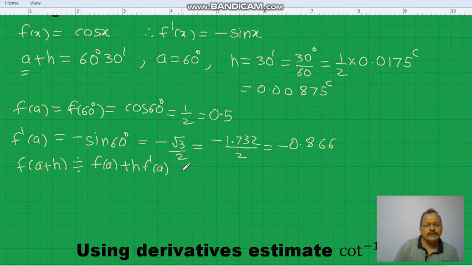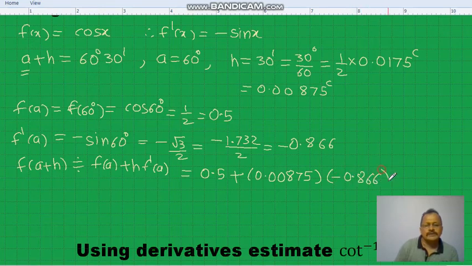That gives me f(a) we have found out 0.5, plus h is 0.00875 multiplied by the value of f'(a), minus 0.866.